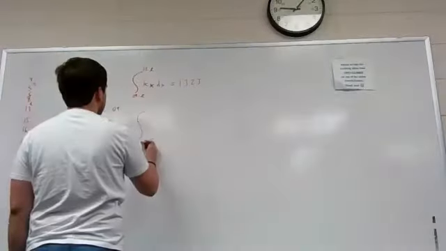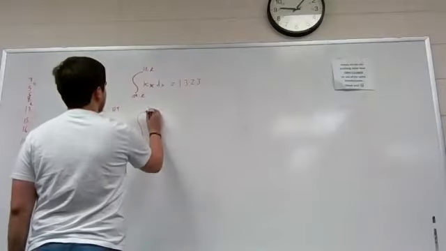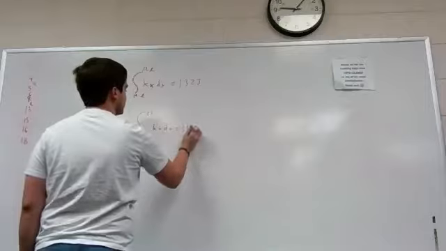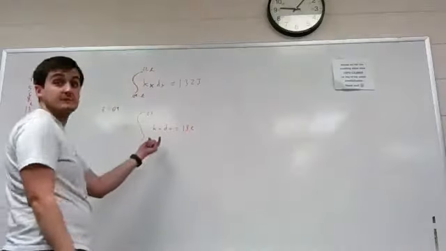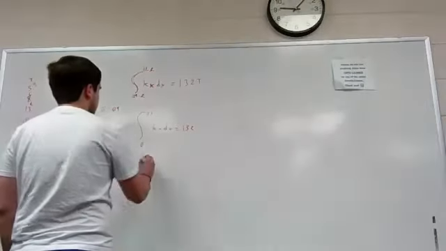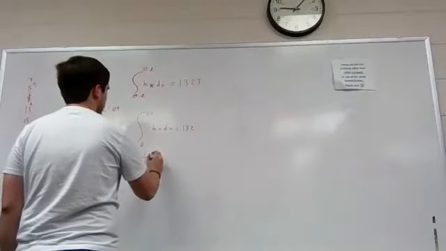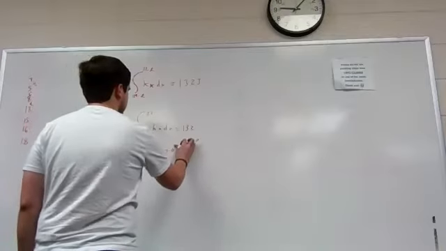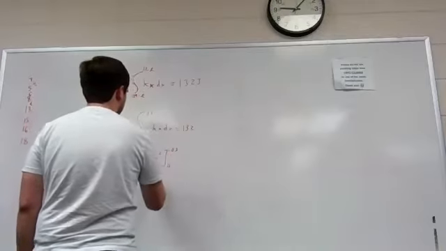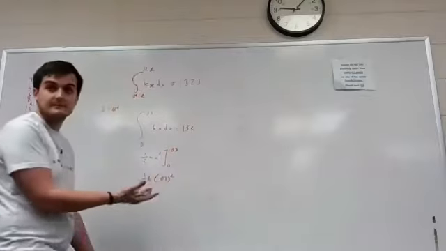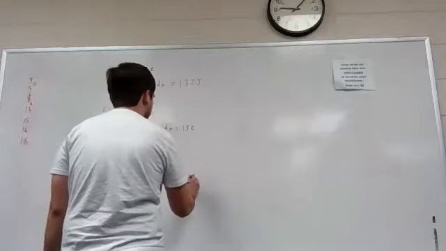So then we would instead get the integral from 0 to 0.03 of kx dx equals 132, right? Again, what's the integral of kx? We get 1/2 kx squared from 0 to 0.03, which would be 1/2 k times 0.03 squared, because the 0 doesn't matter. And this would be equal to 132.